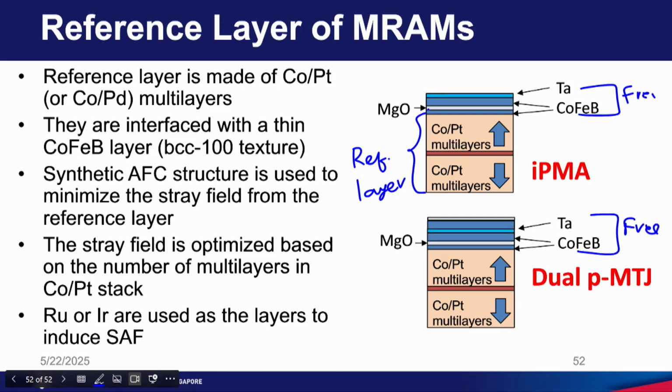Okay, you notice that there is a thin cobalt and boron layer at the top. The reason I'll explain later, tomorrow. So today you just take this for granted. The main aspect of the reference layer is this cobalt platinum multilayer in the synthetic antiferromagnetic structure.